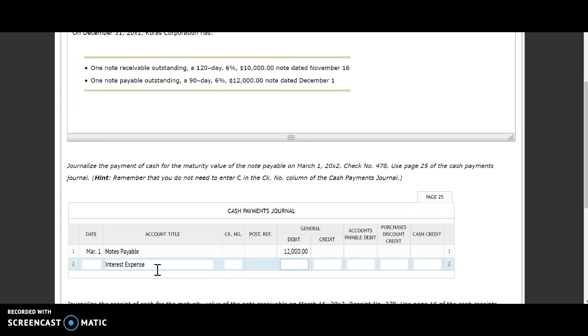So that's the number that I just figured out, which was $180. And then my last is my cash credit. So I'm going to simply add those two together, meaning I paid a total of $12,180. Okay, last step is my source document, which they tell us is check number 478.